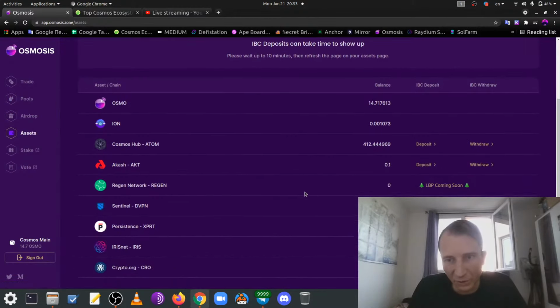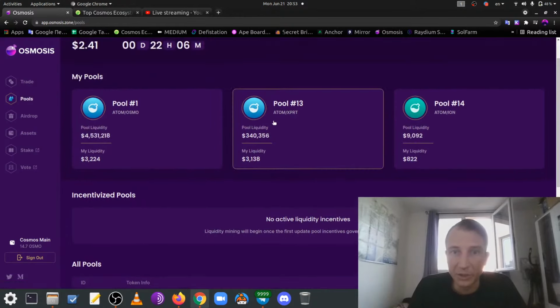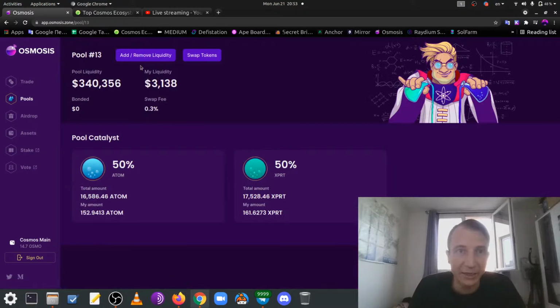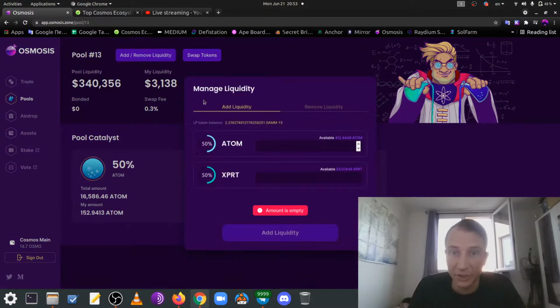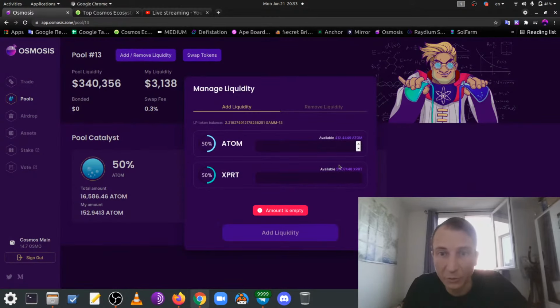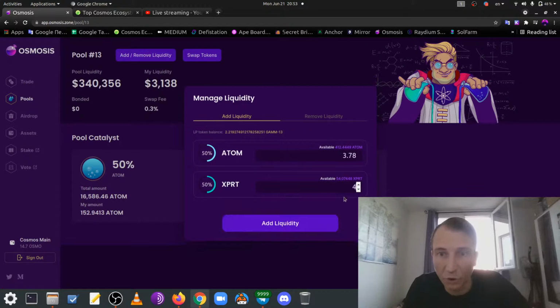At first we will look at which assets I have. I have Crypto.com, CRO, Persistence, Cosmos, okay. We see Atom, Expertise, okay. Let's add. You click add, remove liquidity. We want to add. We write 4.